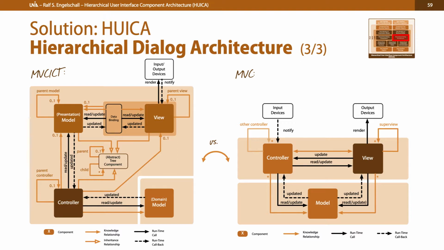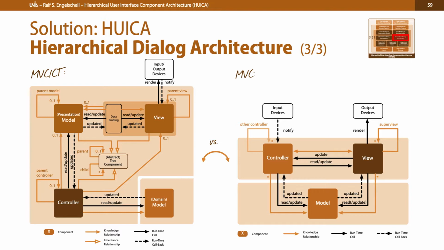In contrast to model view controller, we see that model view controller component tree has distinct changes. The first one is this distinction between presentation model and domain model. We see that model view controller is actually triggered or controlled from the view component, while in MVC-CT it is the controller who drives everything.